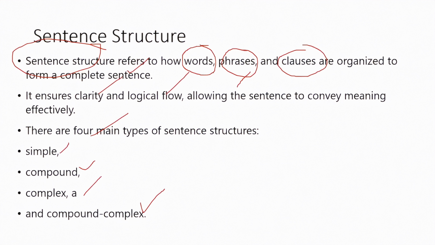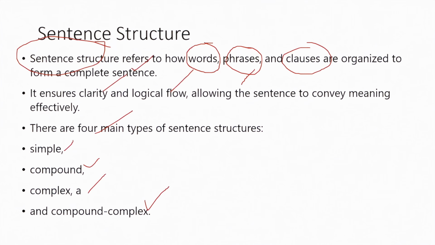The first one is simple, second is compound, third is complex, and fourth one is a combination of complex and compound. Before we start discussing types of sentence structure or key elements of sentence structure, let's talk about the basic structure of a sentence.